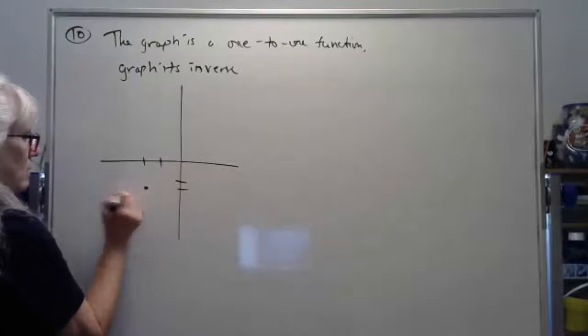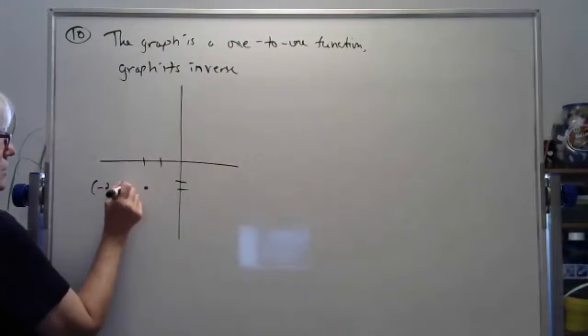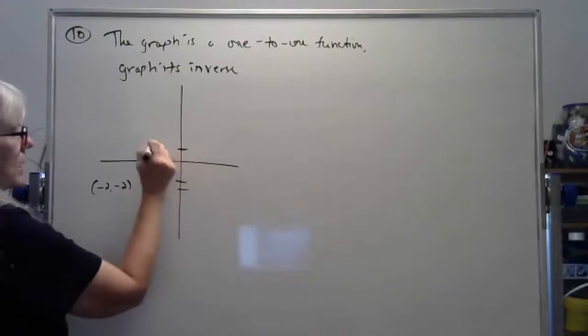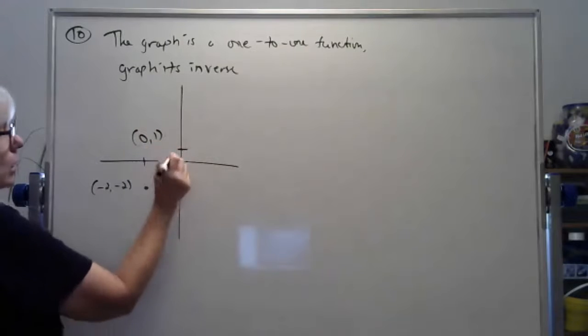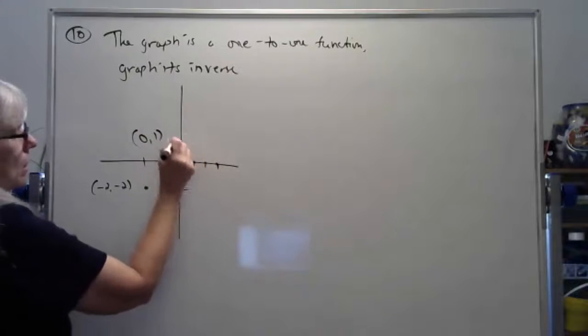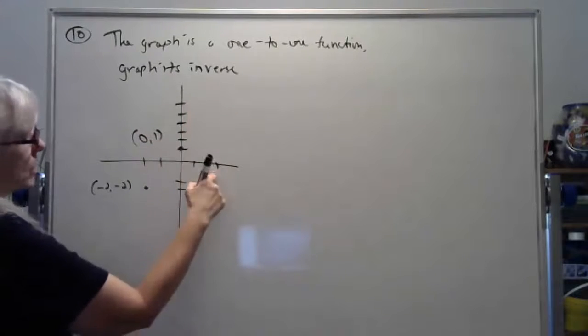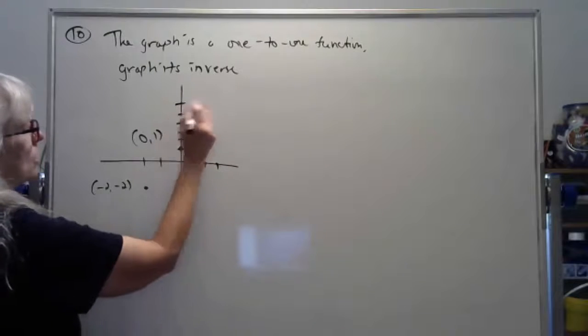So we have a point over here at -2, -2. Our next point is over here at 0, 1. And our last point is at 3, 6. 1, 2, 3, 4, 5, 6.